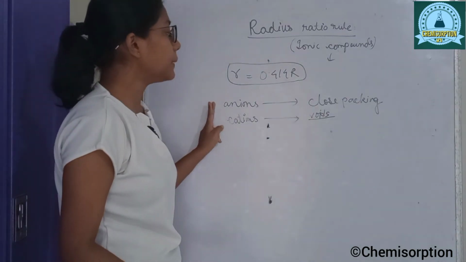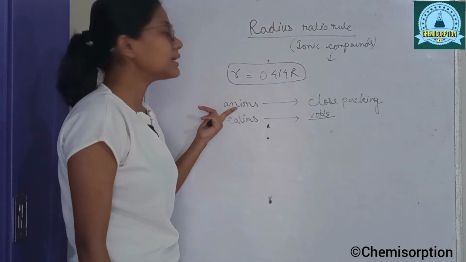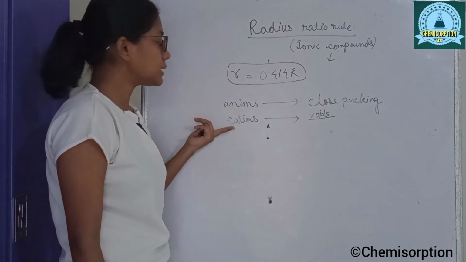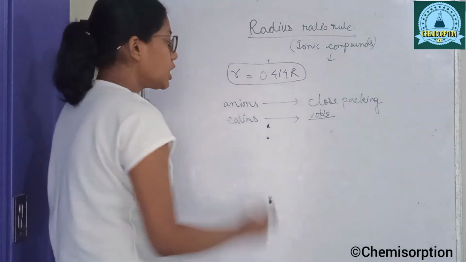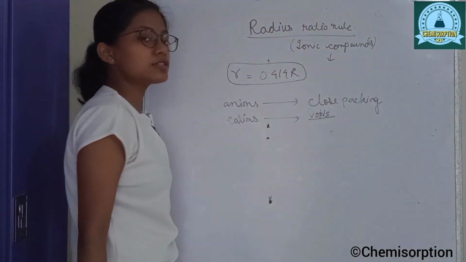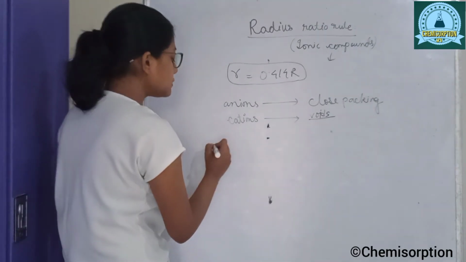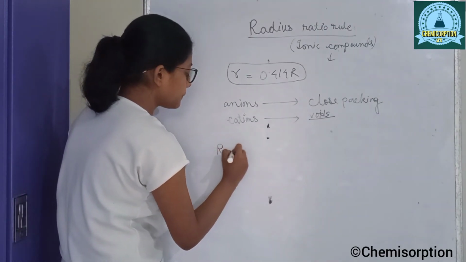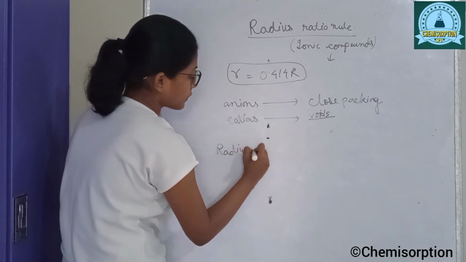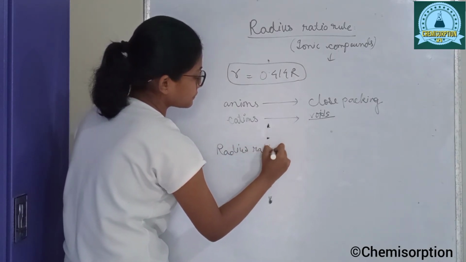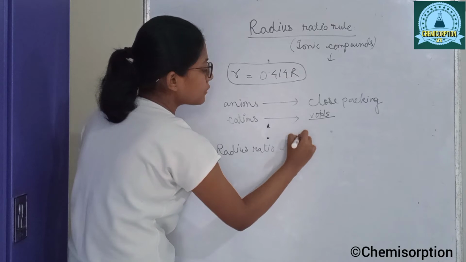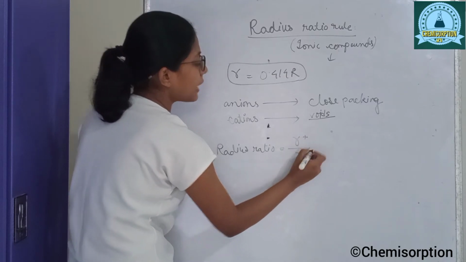So there must be some relation between the size of the anion and the size of the cation. This is expressed by radius ratio rule. So radius ratio is nothing but radius of cation by radius of anion.